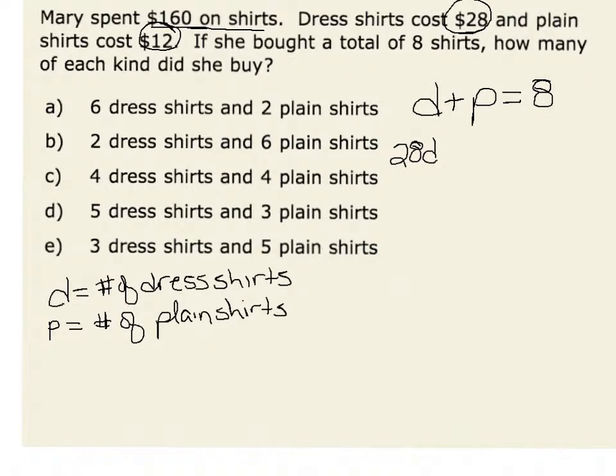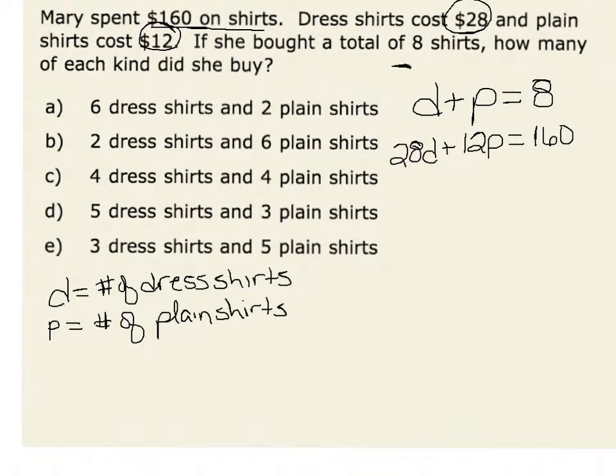How much I spent on plain shirts would be given by 12 times P. This should equal $160.